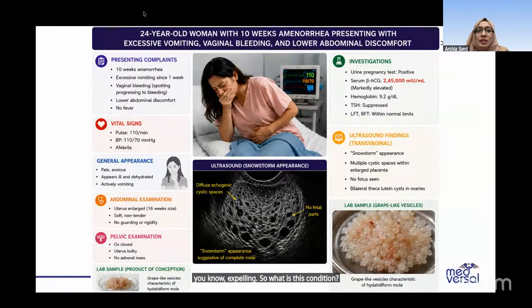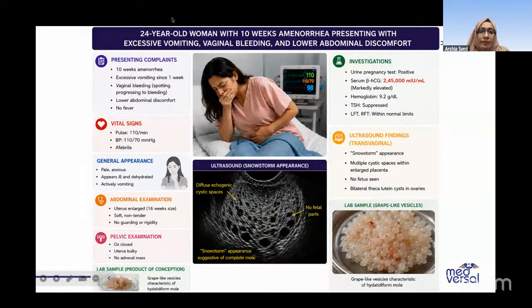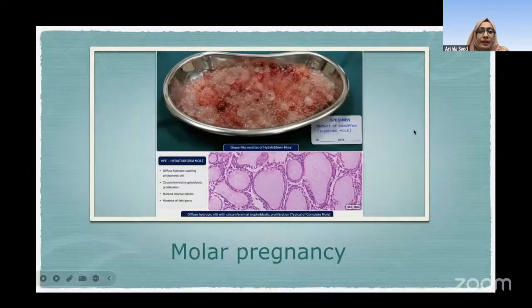So what is this condition? This is a case of a molar pregnancy, or hydatidiform mole.